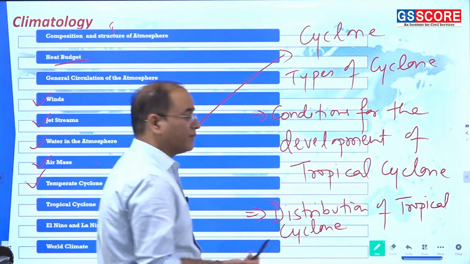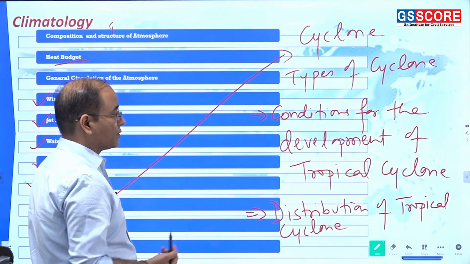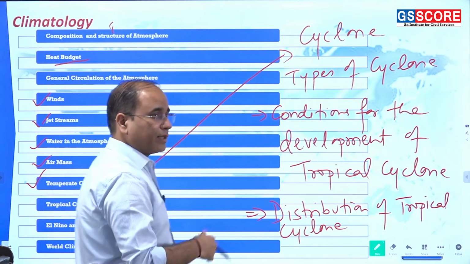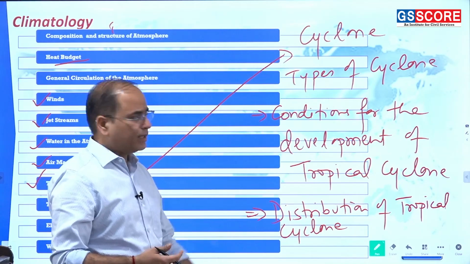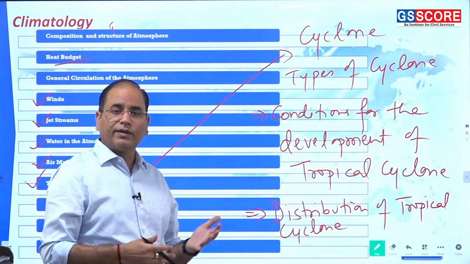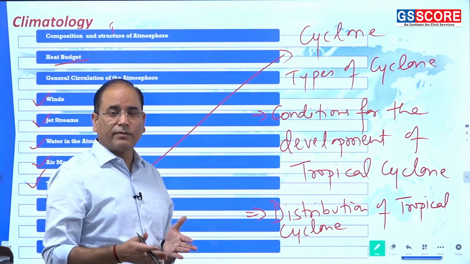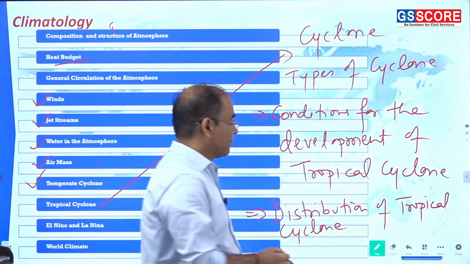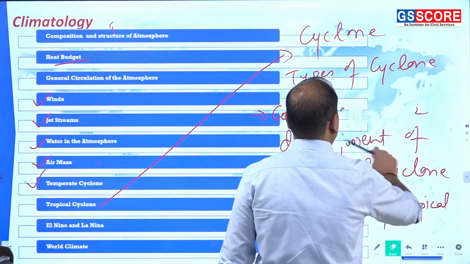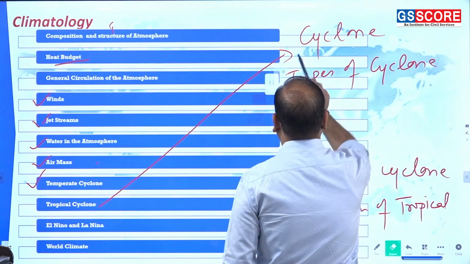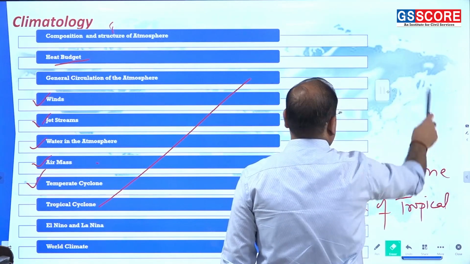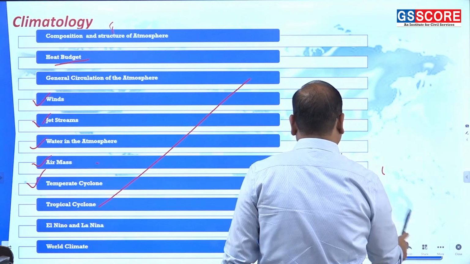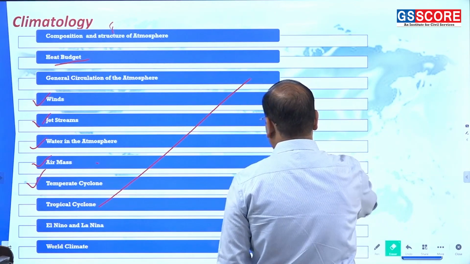So the distribution of tropical cyclone you are supposed to study. Where the tropical cyclone develops, conditions will let you know why the tropical cyclones are developing, where the tropical cyclones are present. Tropical cyclone is a disturbance, meaning these are not phenomena that will develop throughout the year.